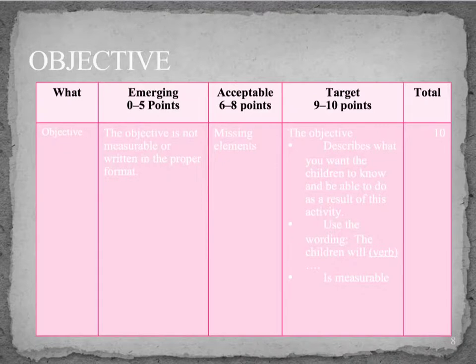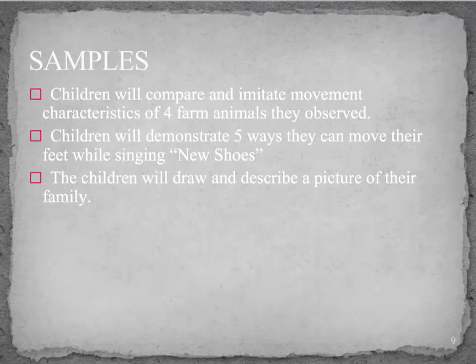You use the wording "the children will," and you make sure that the objective is measurable. Here are 3 samples. Notice the verbs come directly from the chart in your unit planning packet that I gave you at the beginning of the semester.